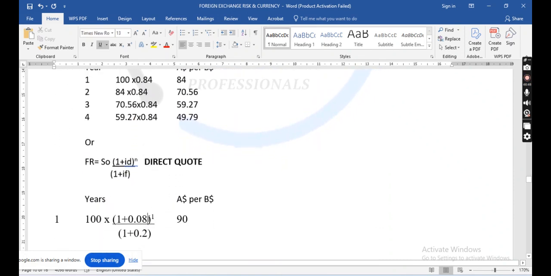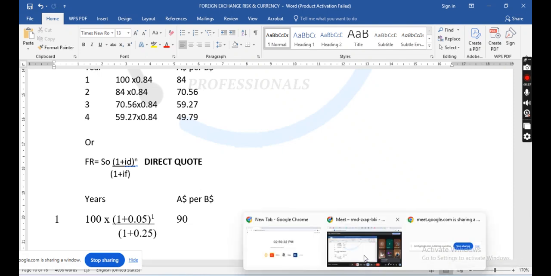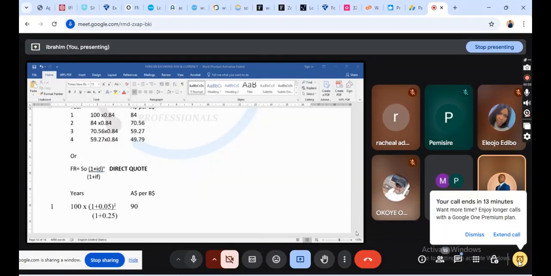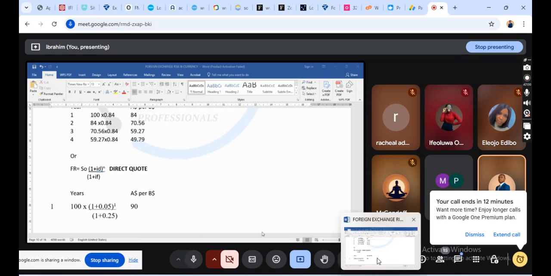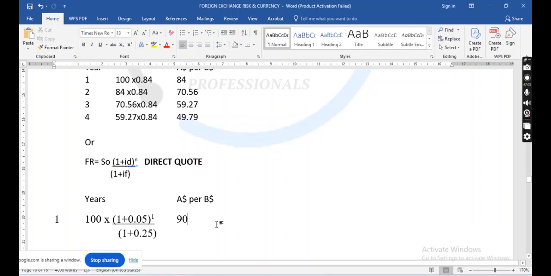Then this is 0.25. So what do you have? The first one, what do you have? It's still the same thing, right? 84. So you can do that. You can do the same thing to year 1, year 2, year 3, year 4, right?